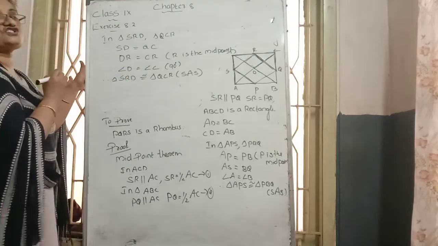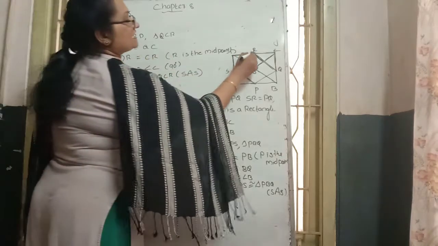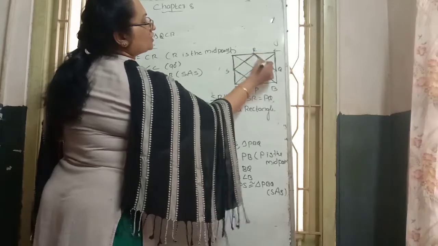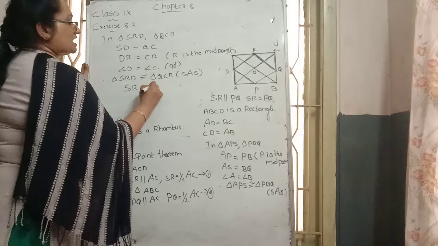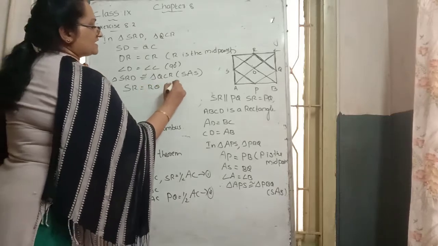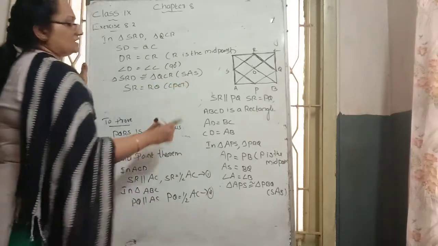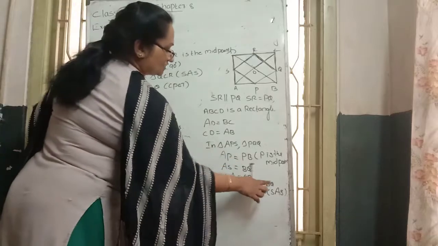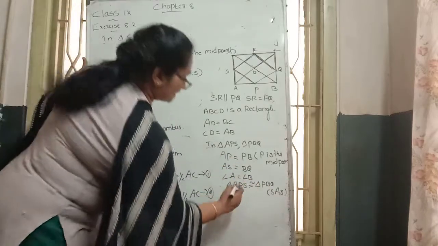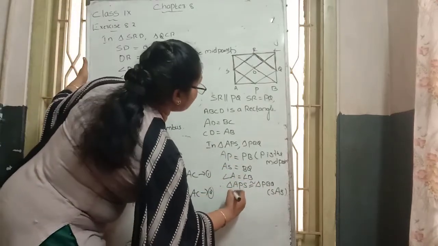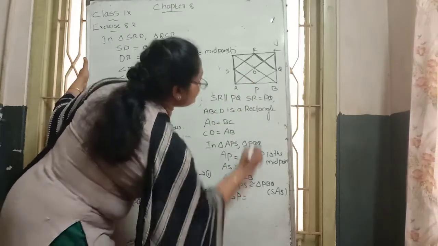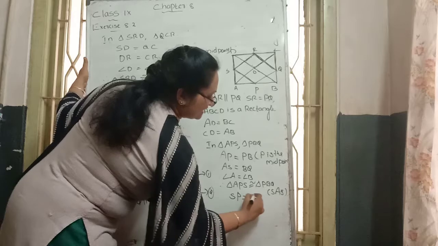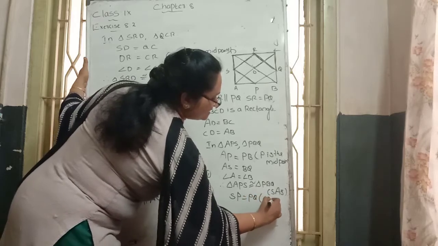By CPCT, the third sides SR and RQ are equal. SR is equal to RQ, marked by CPCT. Here too, SP is equal to PQ by CPCT.